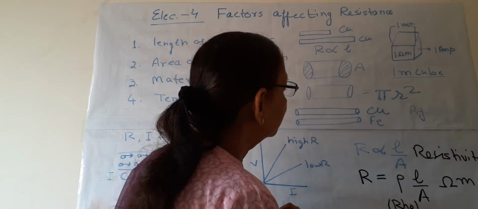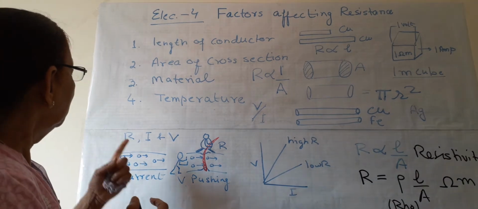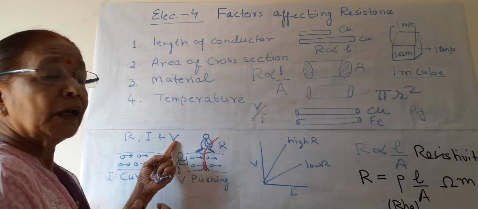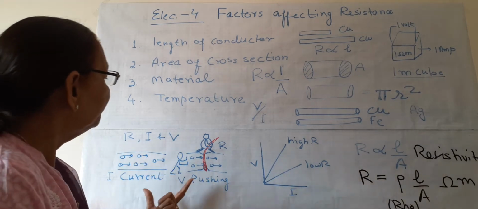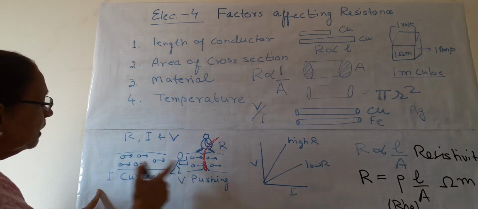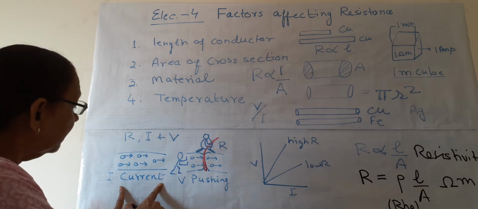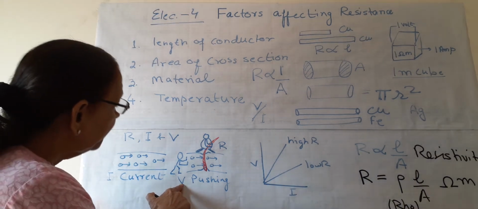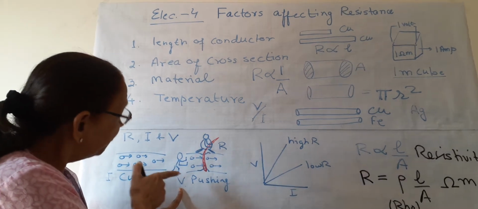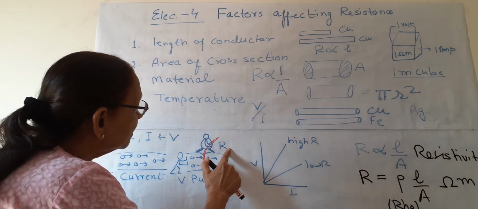So this is about resistivity and resistance, and this is a small figure showing the relation between resistance, current and voltage or PD. It is a funny figure. What this is showing is the conductor, and these electrons are flowing in this direction. So this shows the flow of current. Now what happens, this V is pushing these electrons to flow. V is a force which pushes the electrons in the conductor to flow. But this is resistance.